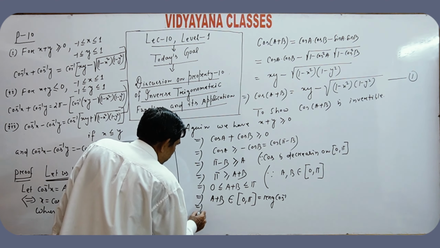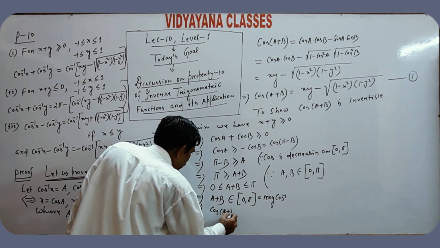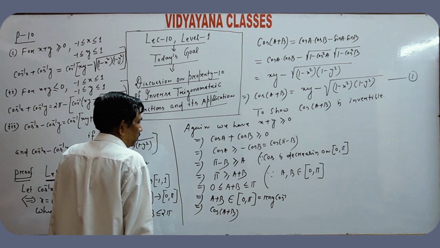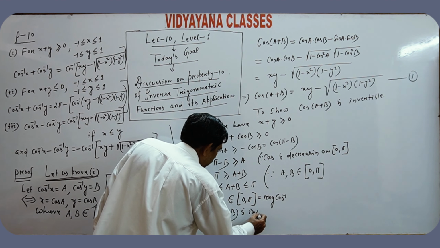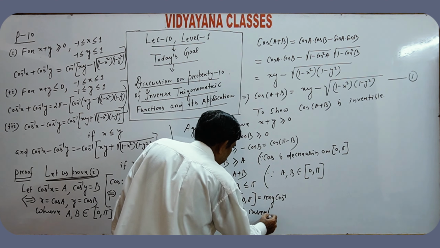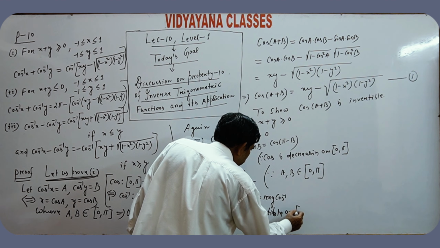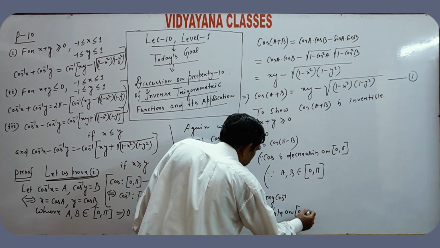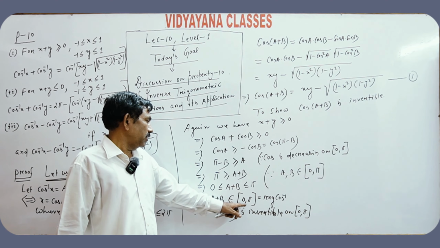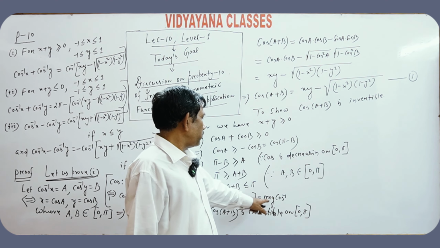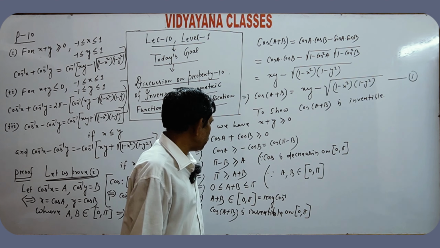That means, which implies cos(a+b) is invertible on the closed interval 0 to pi. Since a plus b belongs to this, it is the range of cos inverse. That means cos(a+b) is invertible.